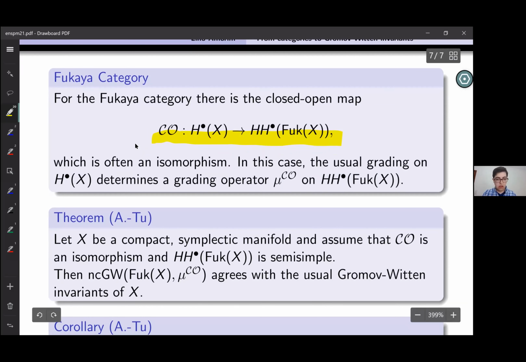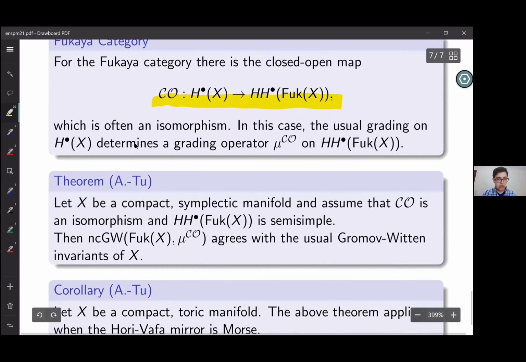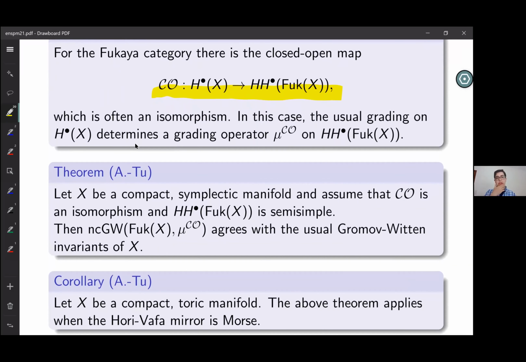Okay, and because I'm out of time, let me just tell you one set of examples where this theorem applies would be for compact toric manifolds, not all of them. This condition of Hochschild cohomology being semi-simple can be translated into this Hori-Vafa mirror of the toric manifold, if you know what that is, being a Morse function.